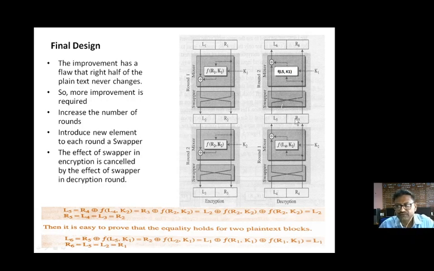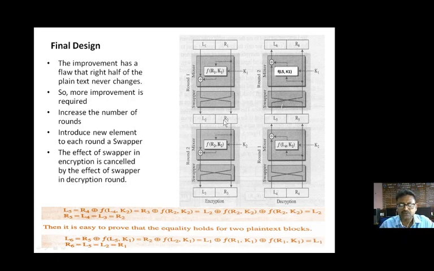Now what is R5? R5 is nothing but R2, so we will replace R5 by R2. We also know that L5 is equal to L2 because we have found that out. So L5 is replaced by L2. So it will become R2 XORed with F(L2, K1).